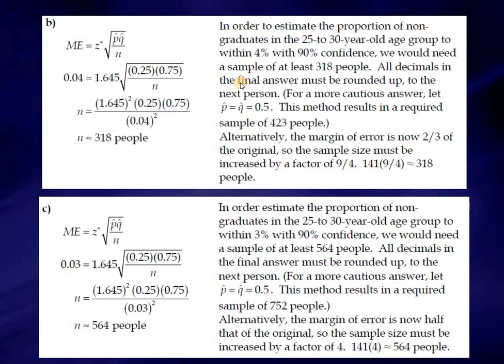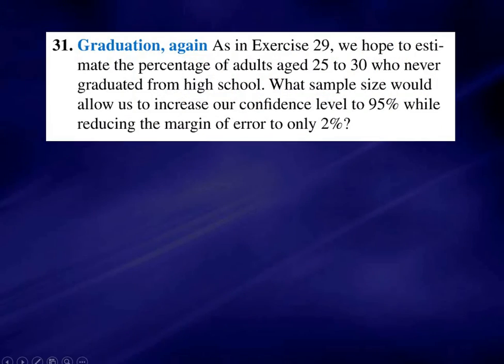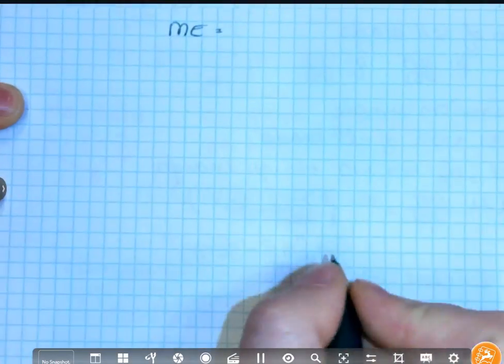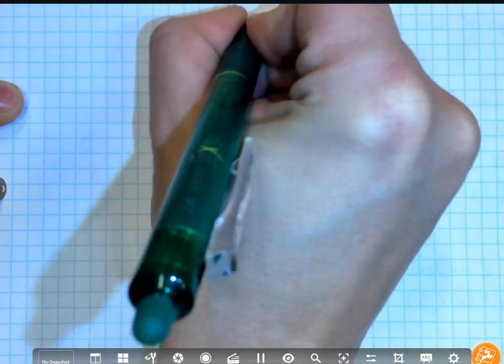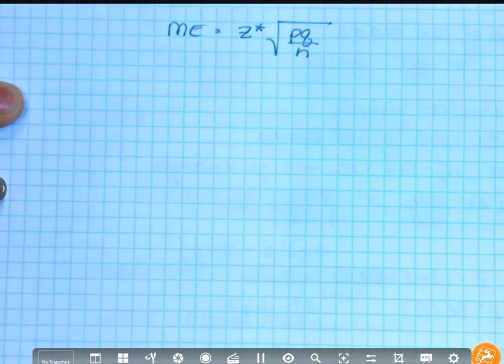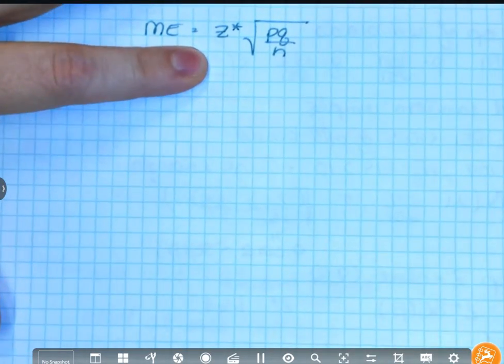And the reason why, I'm just going to show you this really quick, and then we can move on. We've got one more problem and then an actual old AP question. My margin of error formula was Z star root PQ over N or P hat Q hat over N, whichever it is that you need to use.